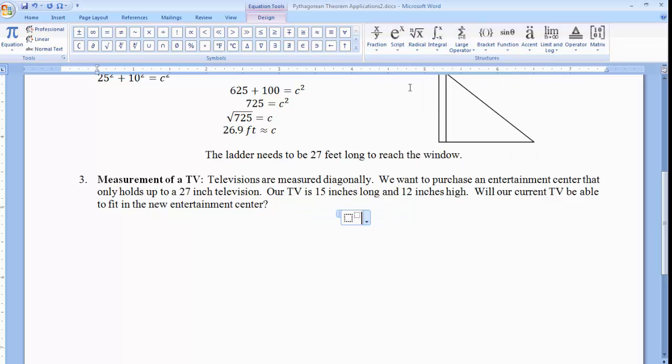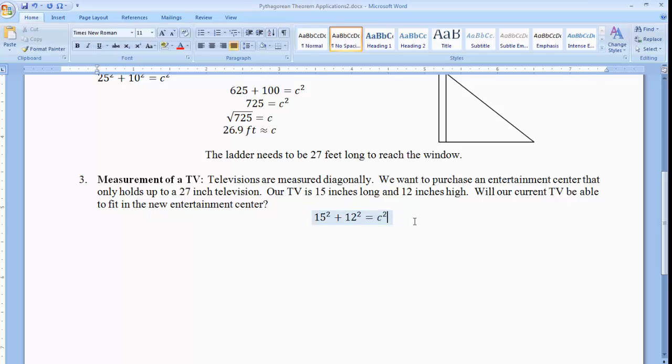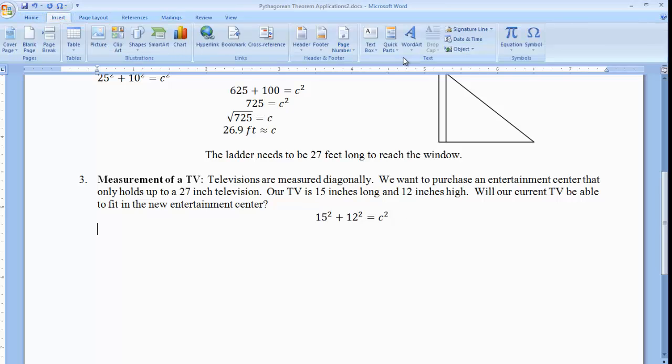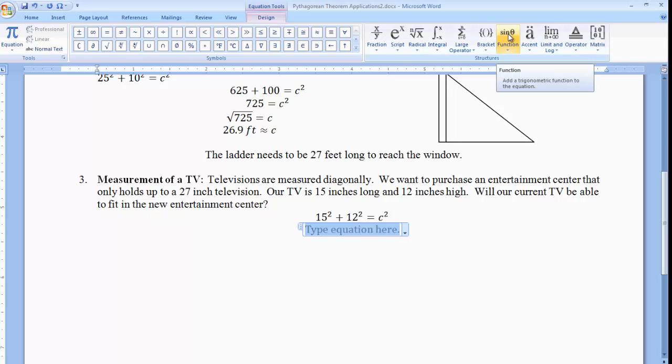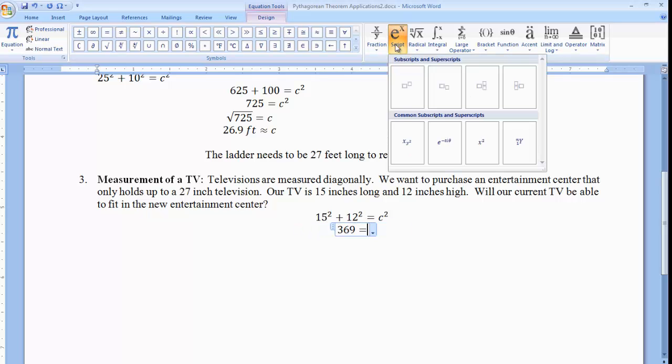The equation we want to insert this time is 15 squared plus 12 squared equals c squared. 15 squared plus 12 squared, we'll just combine them this time to 369 equals c squared.